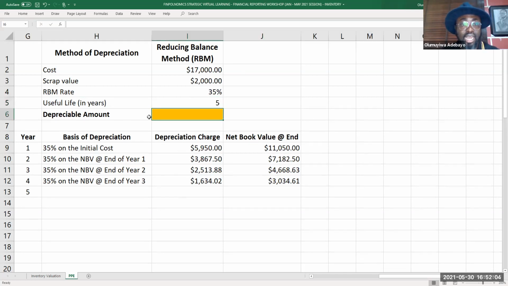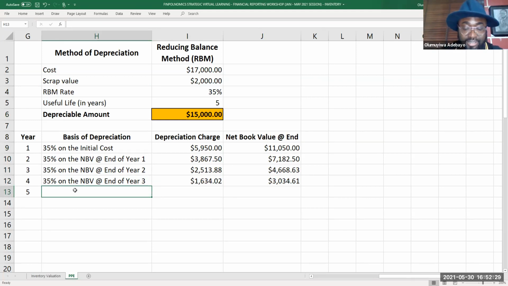Therefore, my depreciable amount is the difference between the cost and the scrap value, which means what I can depreciate should not be more than $15,000 all in all over 5 years. The question then is, how much have I charged so far? I've charged $13,965, which then means that in the last year, there are two ways to doing it.